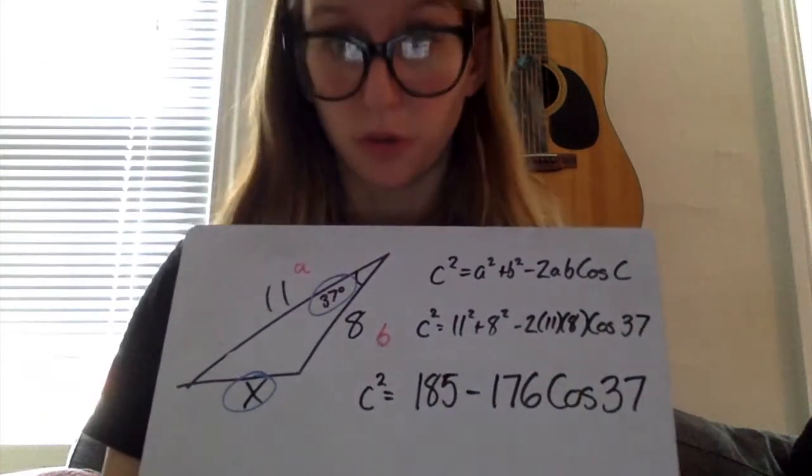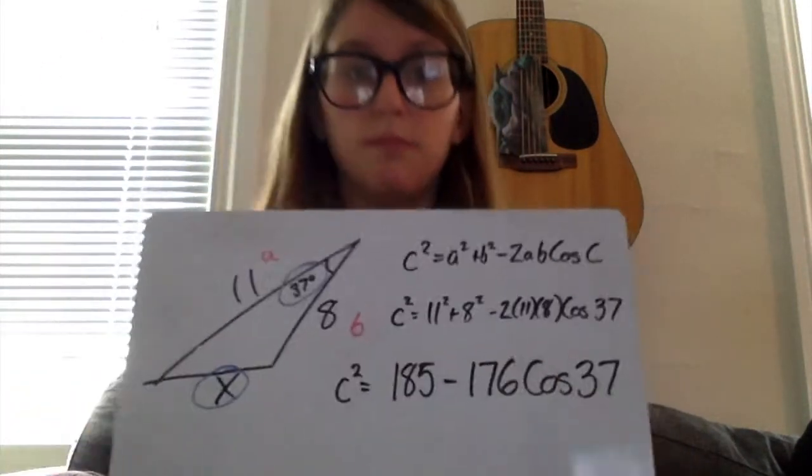This is when you can use your phone. And I'm going to type in 37 cosine. I get 0.79, and I'm going to multiply that by 176. I get 140.559.